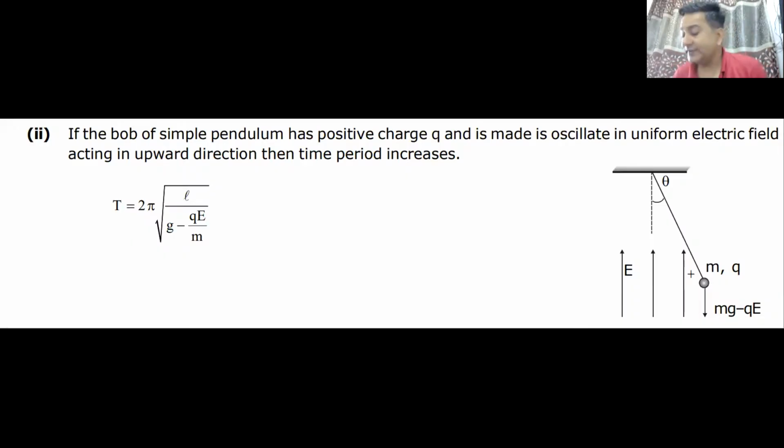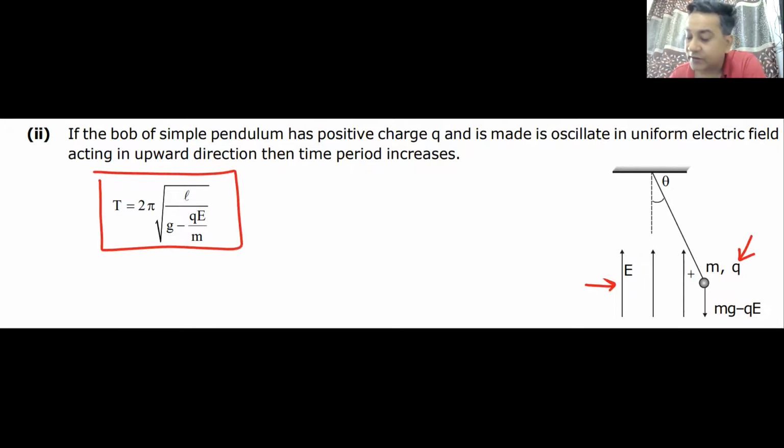Let us move ahead and see what would have happened if the electric field was pointing upwards. In the red case, the charge is plus q and the electric field is upwards. In this case, because the force is acting in the upward direction, the value of g effective becomes g minus QE by m.